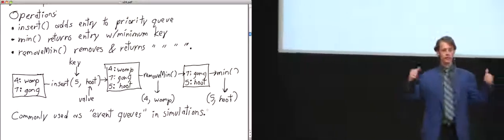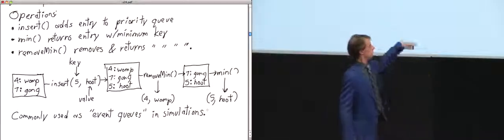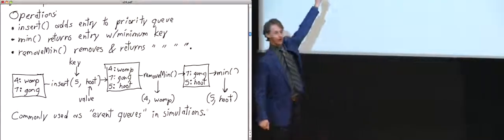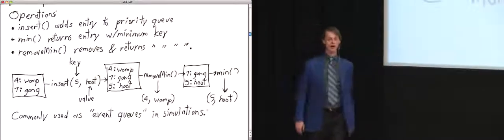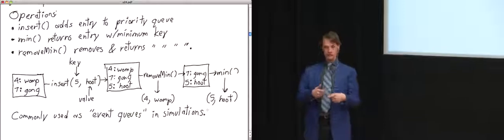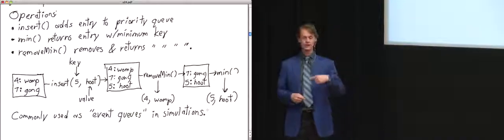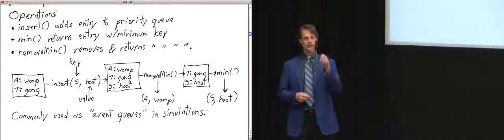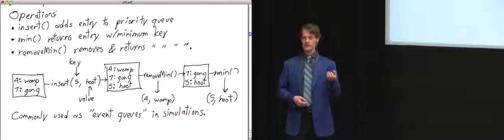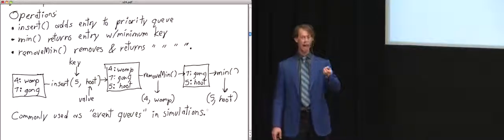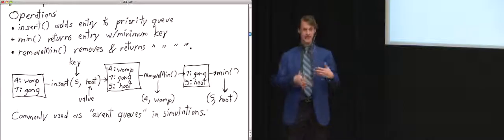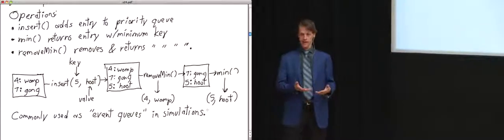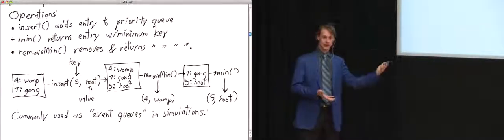And so the priority queue will be used to put events on the queue with an associated time. The time is the priority. And in order to do the simulation, you have an event loop that repeatedly looks at the queue, takes the event with the earliest time off of the queue, because that's the one that's going to happen next, and simulates that event. And when you simulate an event, it might add new events to the queue.